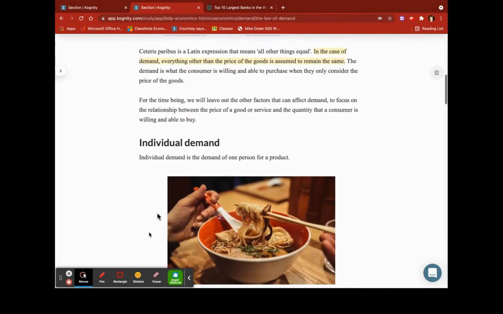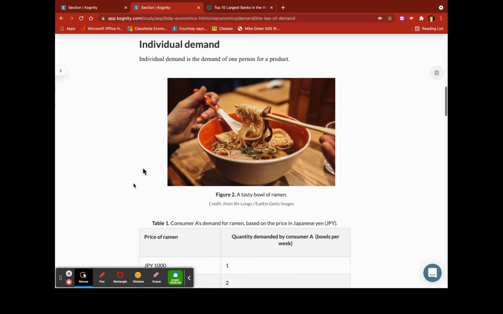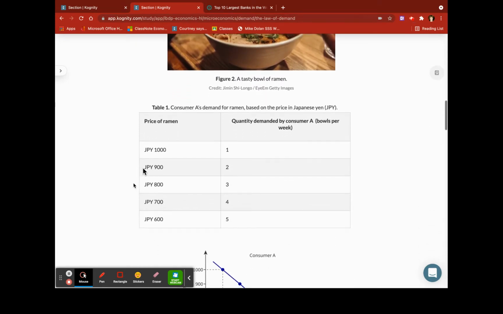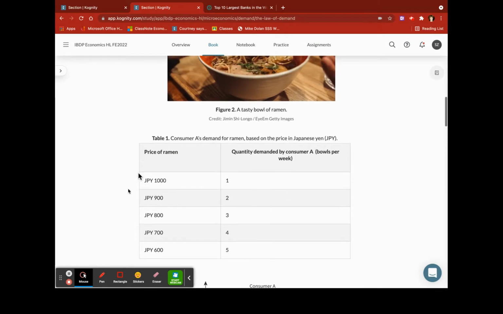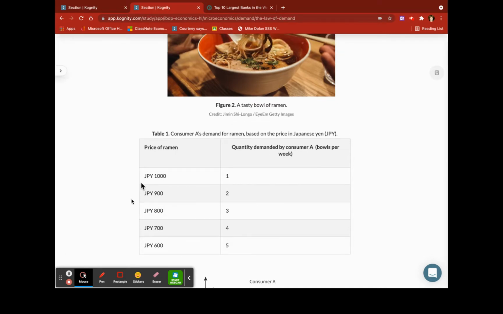How do economists determine demand? They start out by looking at individual demand. What does one person demand? And they note that as prices go up, for example, for a bowl of ramen noodles, people are less interested in buying as many bowls.